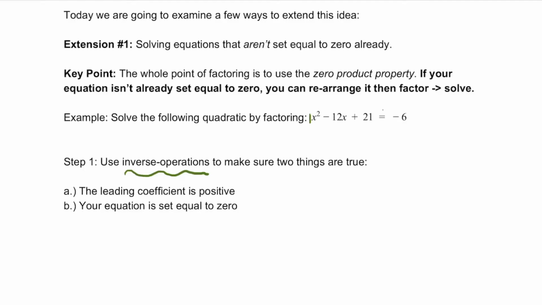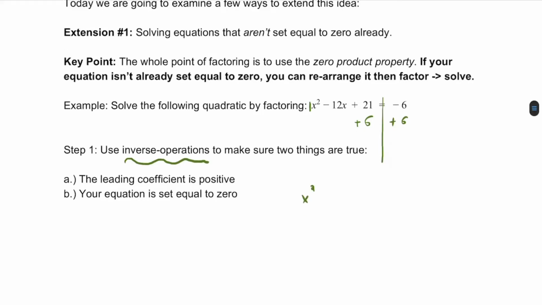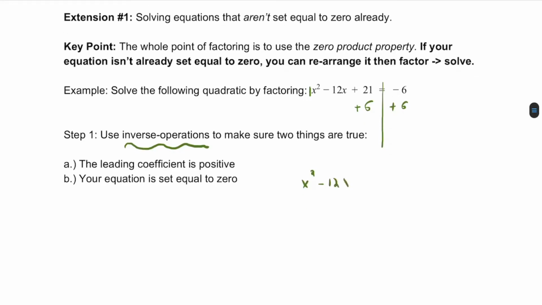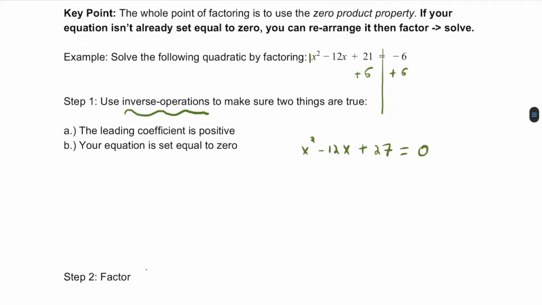The only thing I would have to do for this one is add 6 to both sides. Because if I do that, what I would have here is x squared minus 12x plus 27 equals 0. And since it's now set equal to 0, I can factor this to find the solutions more easily.